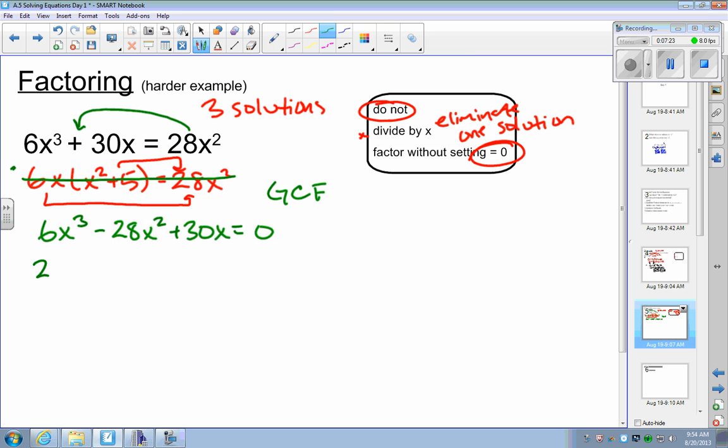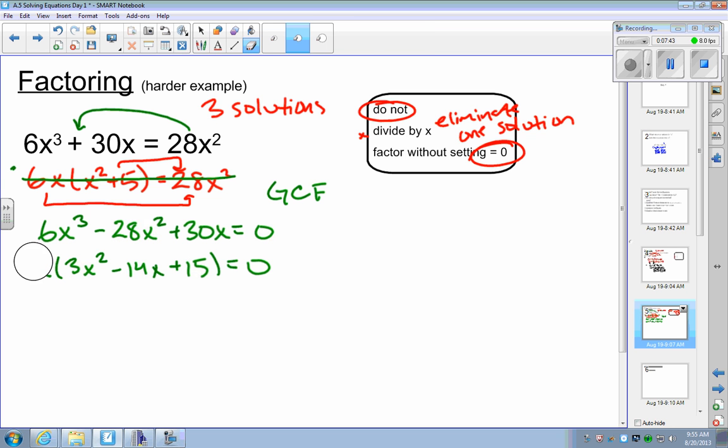How about a 2? So I'm left with 3x squared minus 14x and plus 15, and this thing equals 0. I guess I should probably pull out a 2x. There we go. Okay, so we pulled out the GCF.